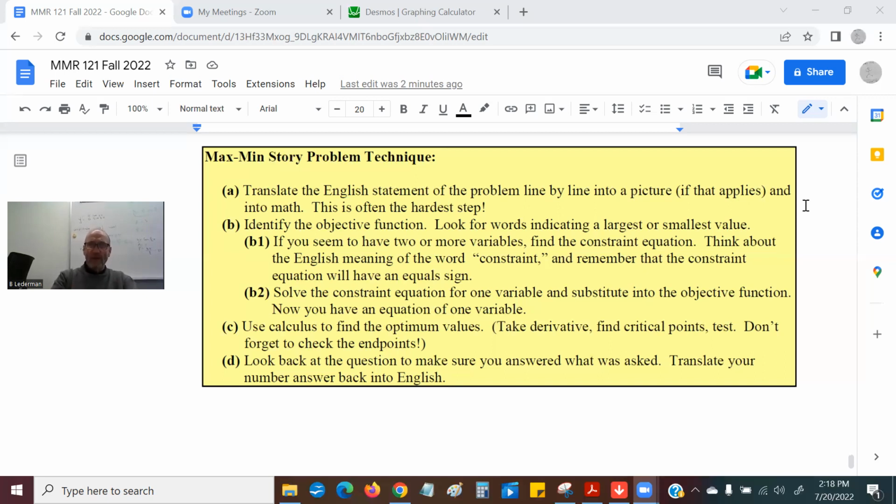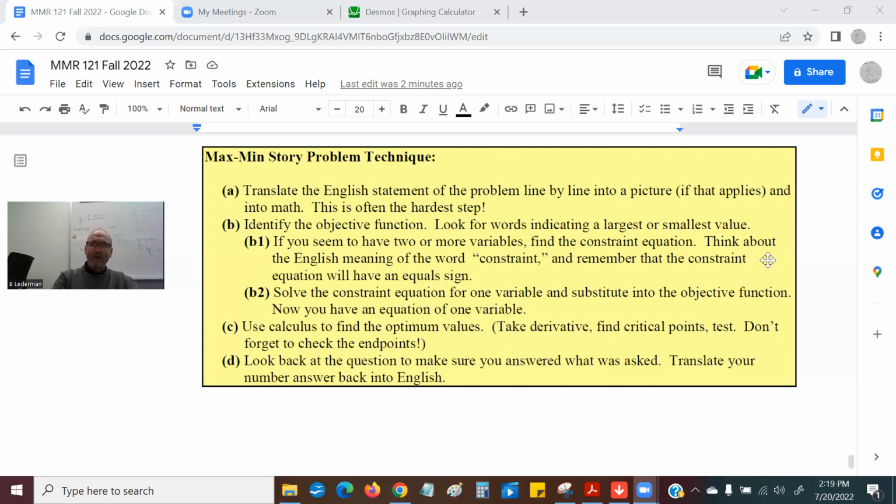We're going to want to eventually get one or two equations, but these equations play different roles. We're going to identify the objective function. We're going to look for the words indicating largest or smallest. If you have two or more variables, we find the constraint equation, and think about the English meaning of the word constraint, remembering a constraint equation will also have an equal sign.